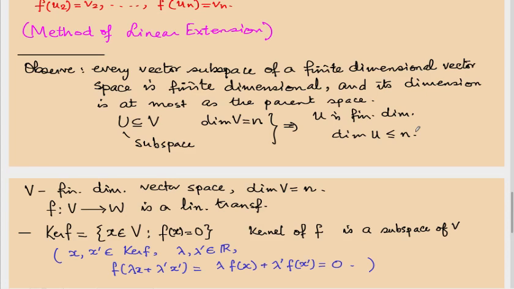What does linearly independent mean? That means if I take a linear combination equated to 0, then that linear combination has to be trivial. So if I take that linearly independent subset of U, take a linear combination, equate it to 0.